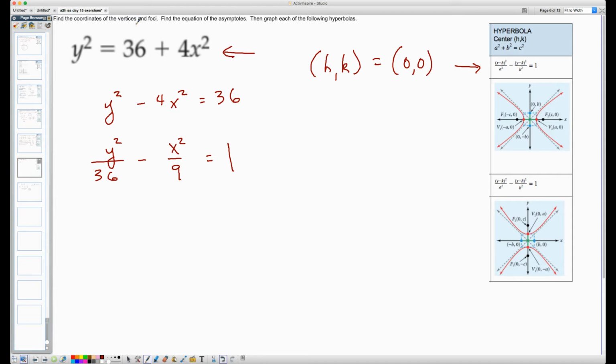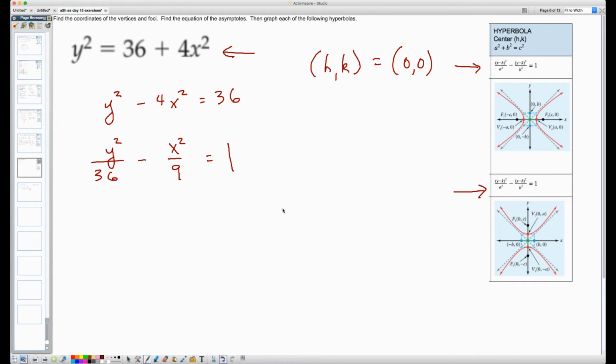It says to find the coordinates of the vertices and the foci. First of all, is this opening horizontally or vertically? It looks like it's opening up and down.